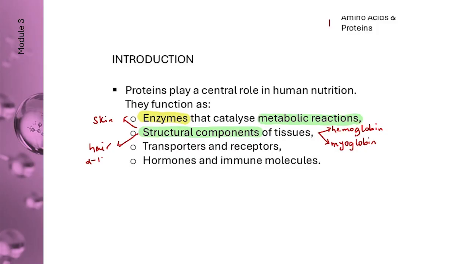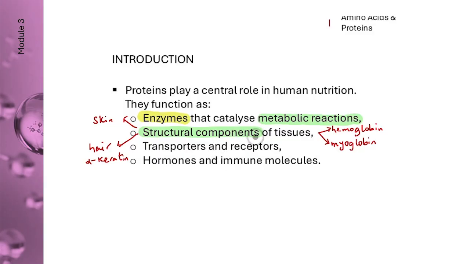Our hair is largely protein. And what is that protein called? When you think about keratin, I'm sure you've heard that protein before. These are the proteins that you find in the human hair and skin, and also nails as well.